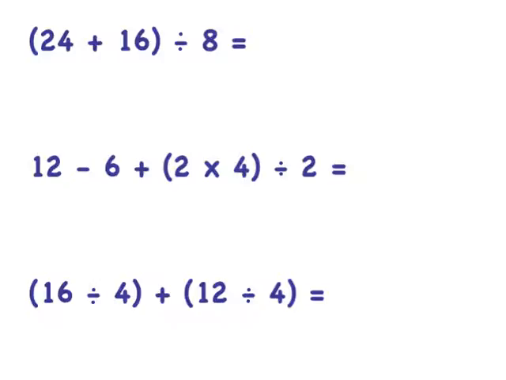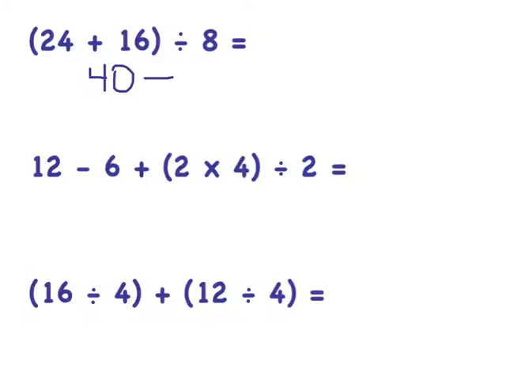So my first problem, parentheses, 24 plus 16 divided by 8. I ask myself, are there any parentheses? Yes, there are parentheses, so I want to do this part first. So I would have 24 plus 16. When I add 24 and 16, I'm going to get 40.